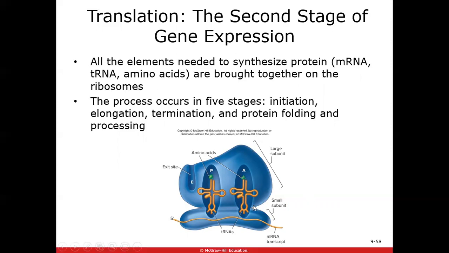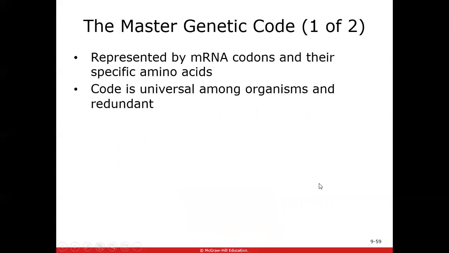So here, once again, all of the elements needed to synthesize the protein: you have the messenger RNA, the transfer RNAs, and the amino acids. This is where they all come together. The genetic code is represented by messenger RNA codons and the specific amino acids they correspond to.